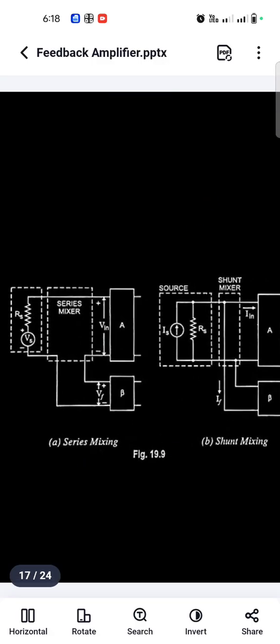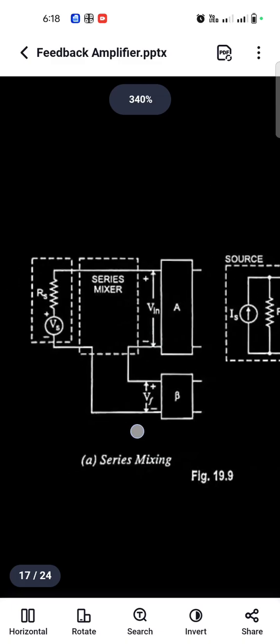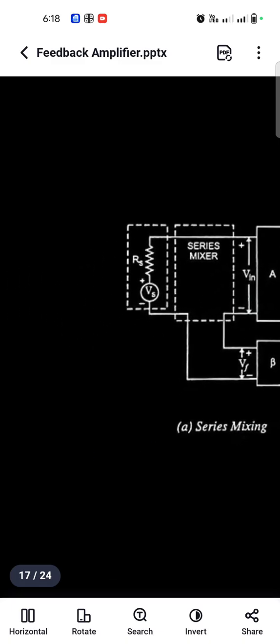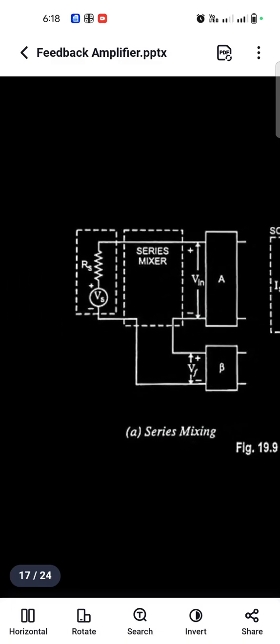See, this is the diagrammatic representation of series mixing. From the name itself, we understand we connect the feedback network by a series mixer. Series means, as you already know, that if the input is a voltage source connected in series, we can say the input is voltage.